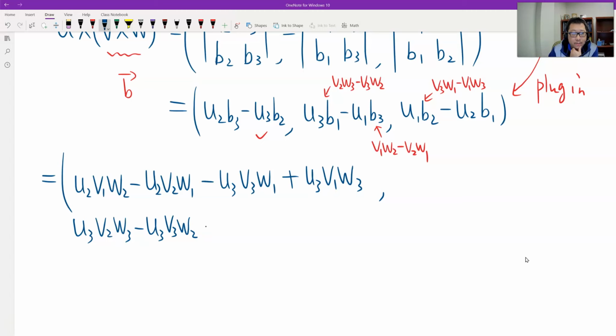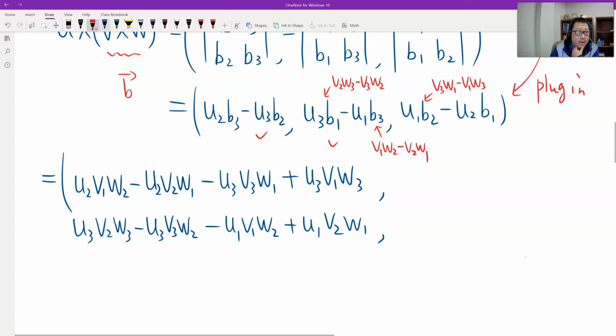Then minus U1 times B3: U1 V1 W2. Negative, negative makes it positive: U1 V2 W1. Okay, and then we finish the second. And then what is the third? The third is U1 times B2. Be patient.